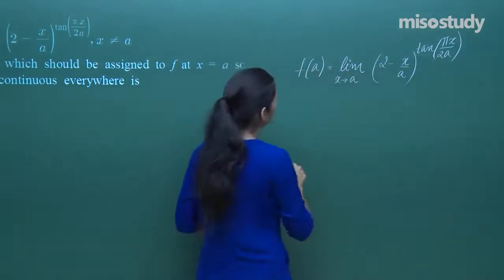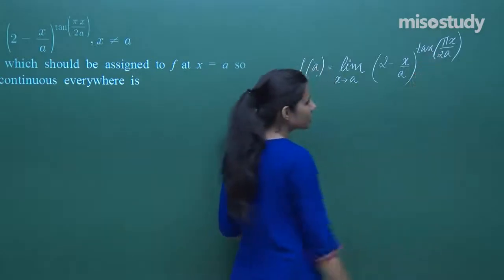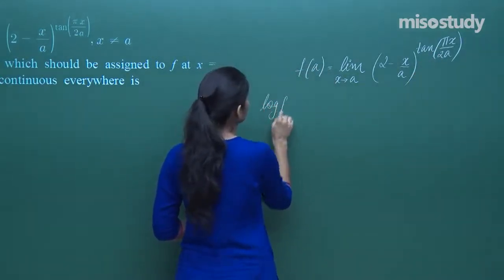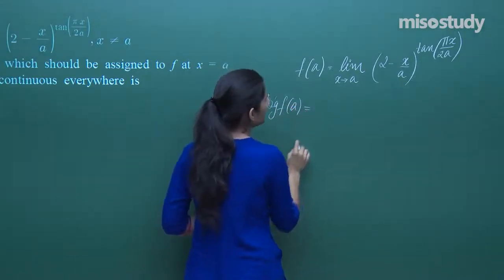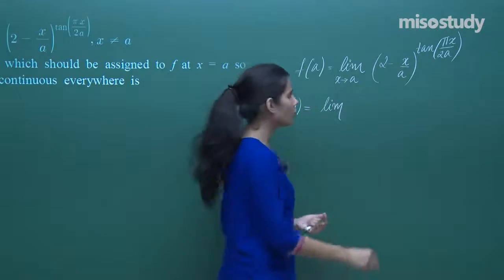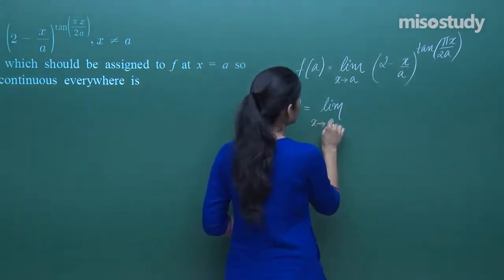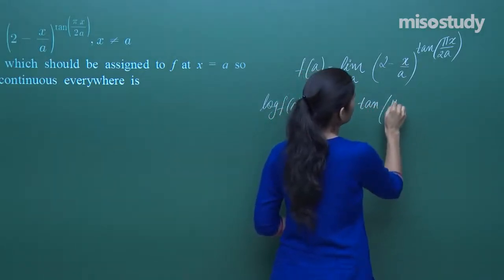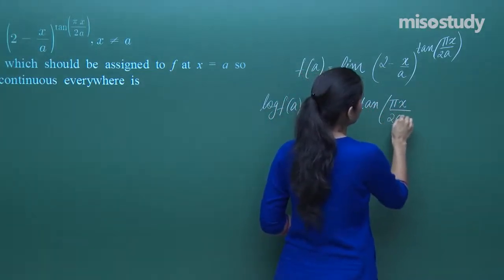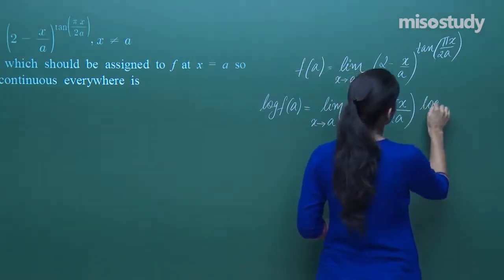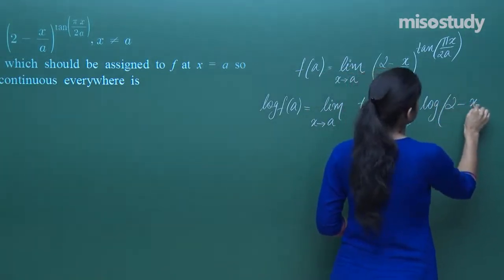Right. Now over here you can see there is power. I want to get rid of this power. I will be applying log both sides. I am going to get log of f of a equals, now log is a continuous function, so log of the limit is limit of the log, limit x tends to a. This is tan of pi x by 2a into log of 2 minus x by a.